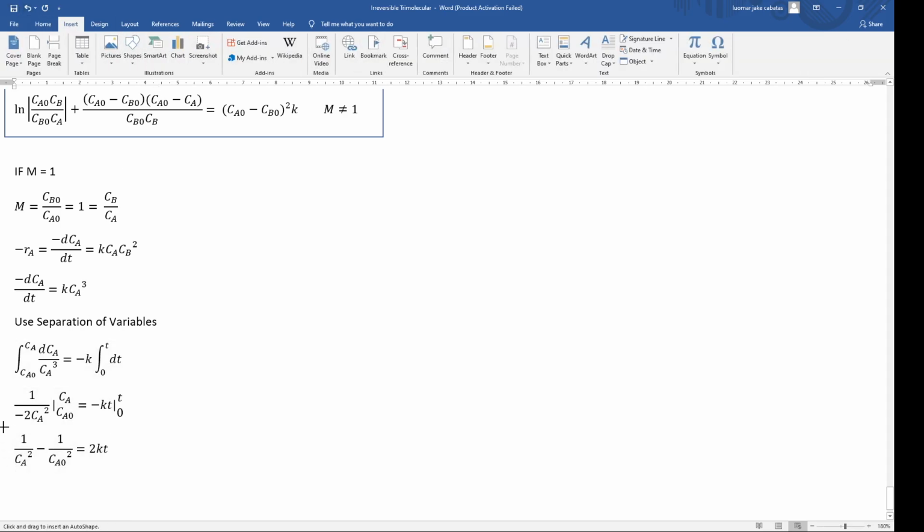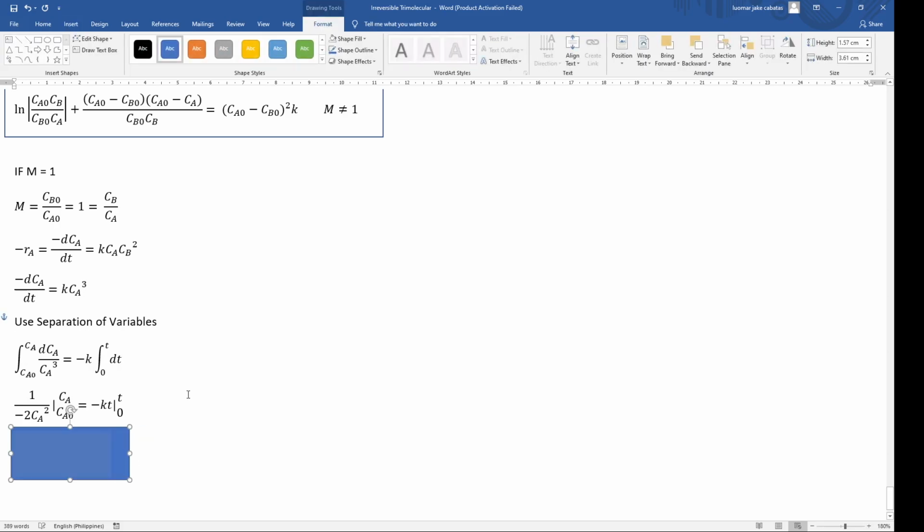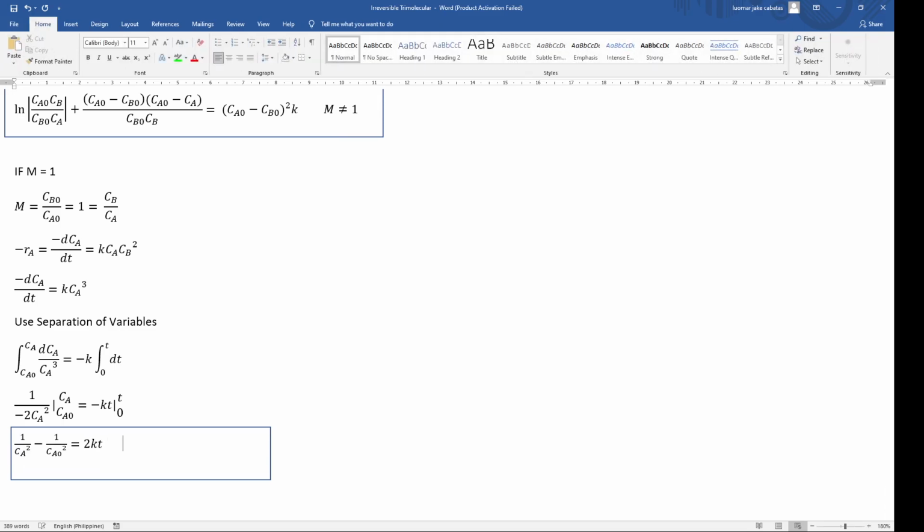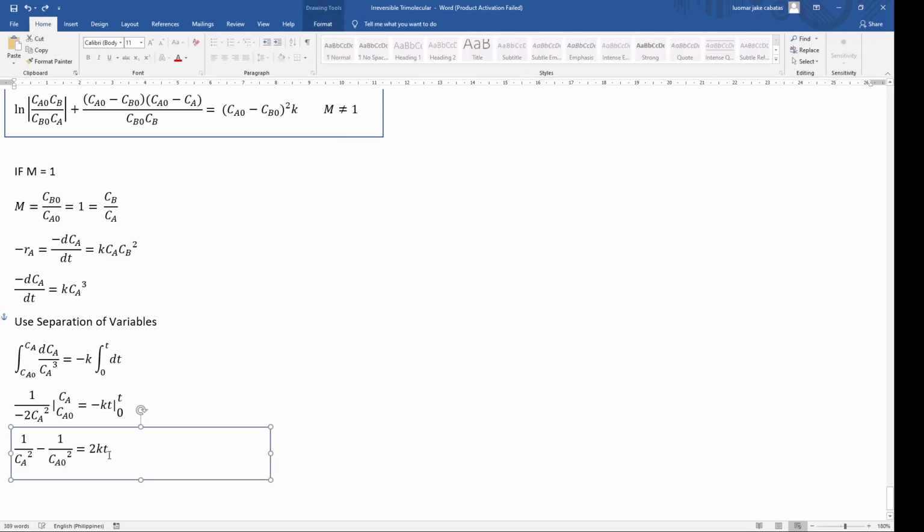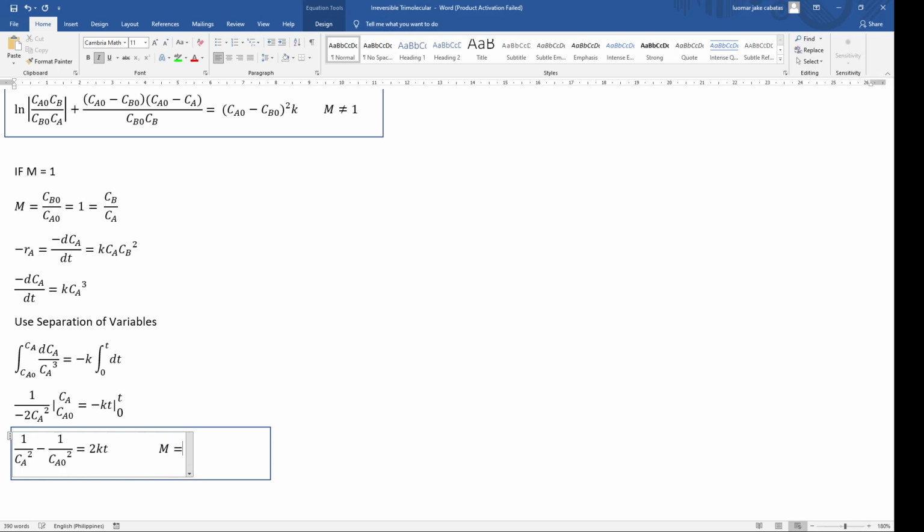So this is now the equation you will be using if m is equal to 1.